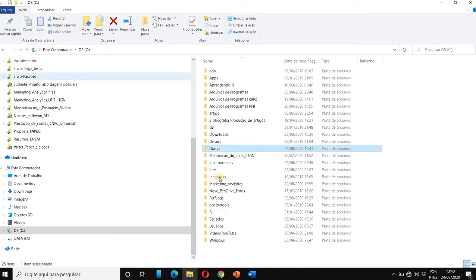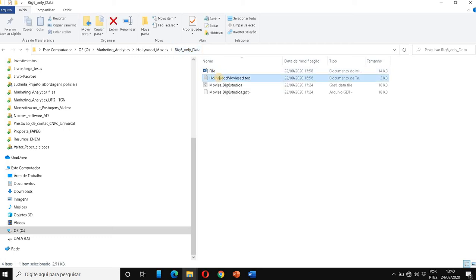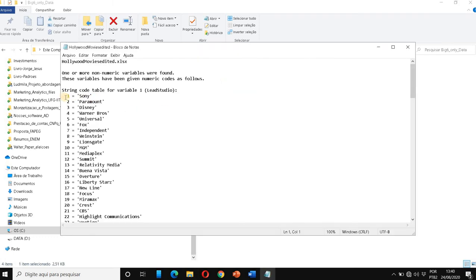So let me go back to my folder. So this is the Big Six only data that we restricted in the last lecture. If you recall, this is the text file where I have the names for the Big Six studios. So there is a string variable, and it is called lead studio.